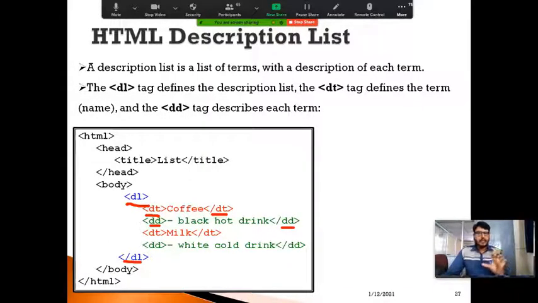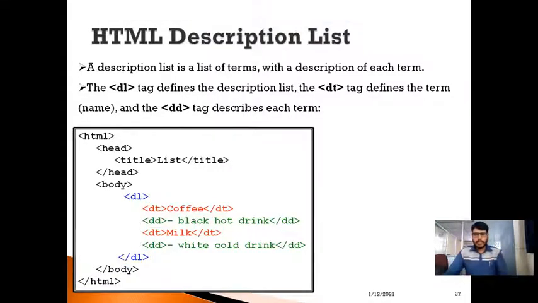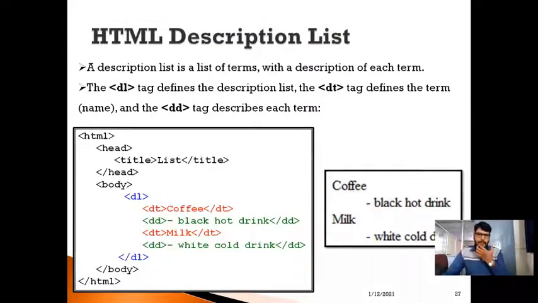So this kind of list will generate output like this. As you can observe here, there is no particular order, but it generates a description for coffee, saying black hot drink, and for milk, it says white cold drink.